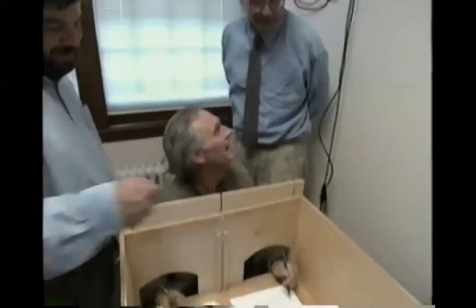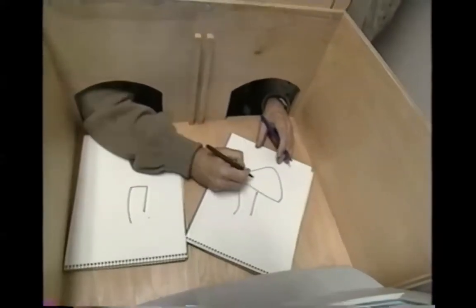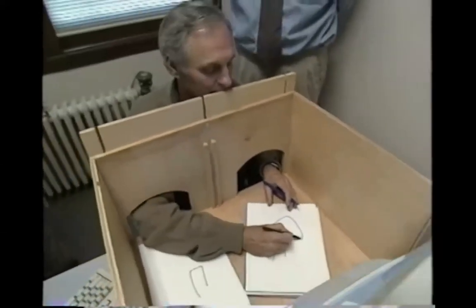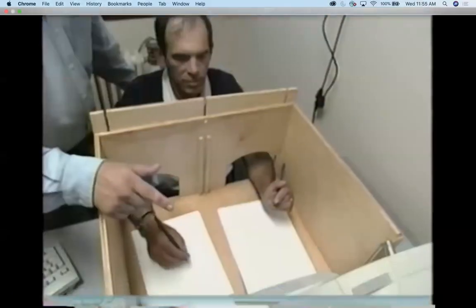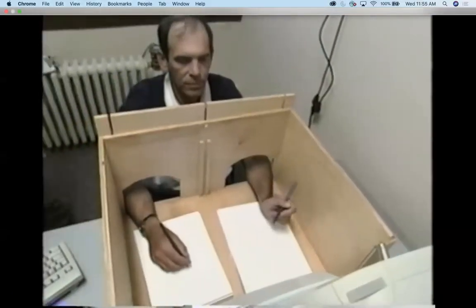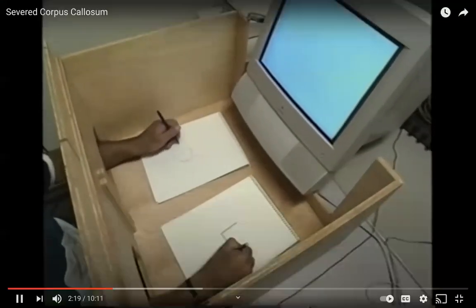Well, we're seeing the fact that Alan's hemispheres are connected, and that the motor messages from one are confusing the motor messages in the other. I was just drawing an upside-down duck. Okay. But when Joe is given the same task, his two hands operate as if controlled by two separate brains.